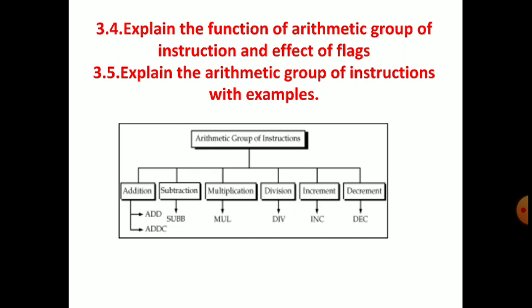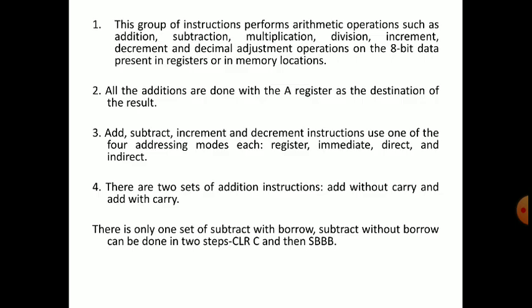Arithmetic has addition, subtraction, multiplication, division, and increment and decrement, and the corresponding mnemonics are also mentioned below this tree diagram, that is ADD, ADDC, SUBB, MUL, DIV, INC, and DEC. These group of instructions operate on 8-bit data present in registers, and all the additions are done with the accumulator and the destination is the result.